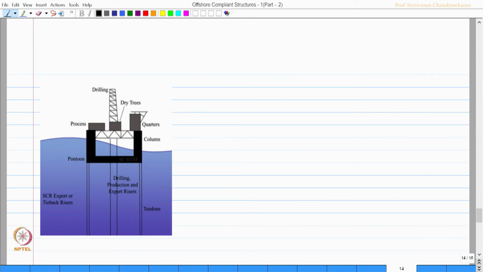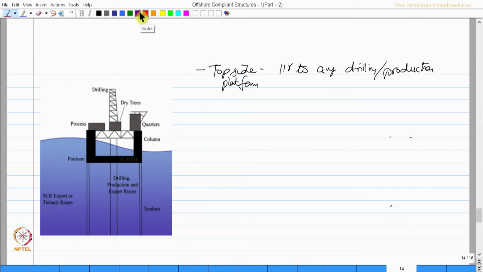So, the figure shows a typical tension leg platform whose top side is similar to any drilling or production platform. Now, these are the legs which are called otherwise tendons or tethers.